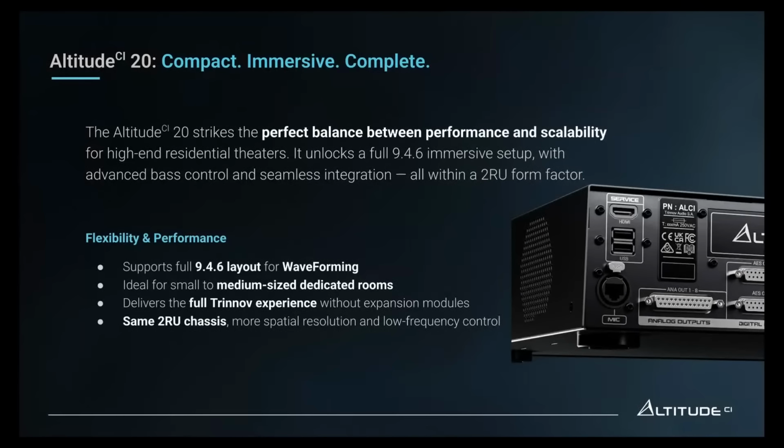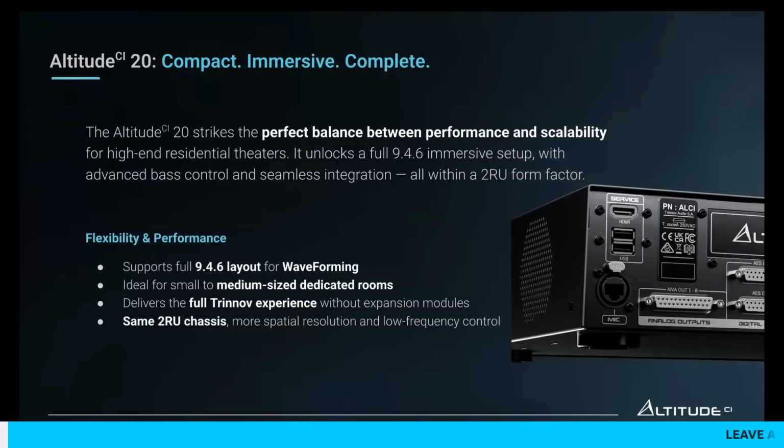Again, in case I'm using jargon here that people don't follow, it's 9 speakers at ear level, 4 subwoofers, and 6 speakers up above you. So the 20 channel version of this thing can handle that with or without waveforming, depending on what the room is doing and what you want to do, and without having to purchase any additional processing hardware. And it still only takes up 2 U of space.